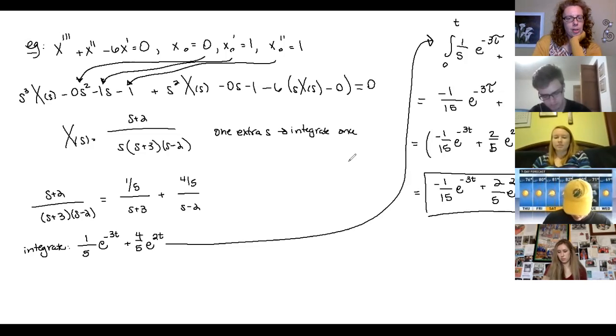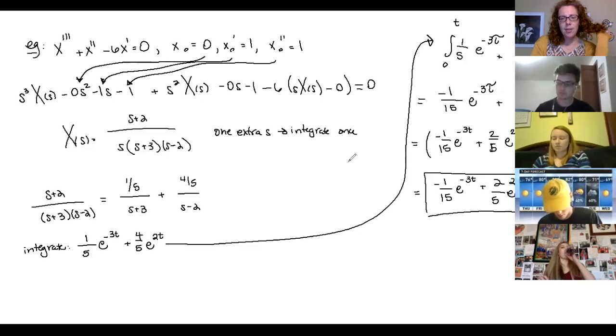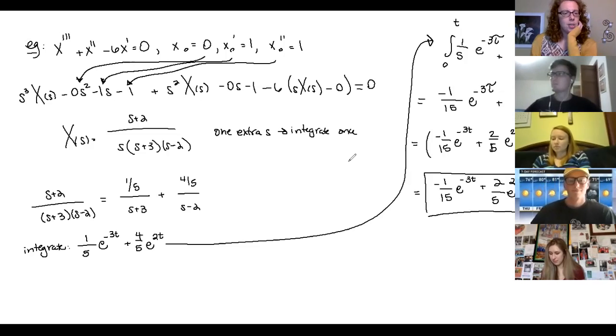So higher order derivatives, and we chose to integrate. If you wanted to, you could have done partial fractions with 3 parts instead of with 2, and then you wouldn't have had to integrate. You could have done it either way. It is entirely up to you.